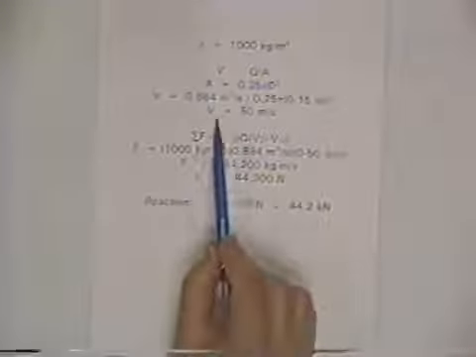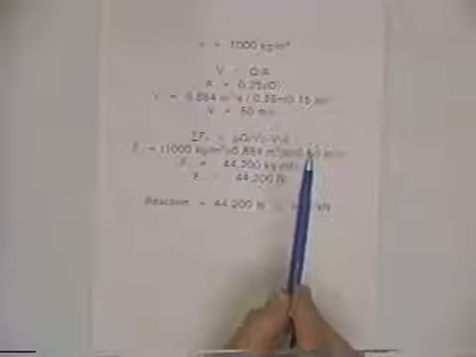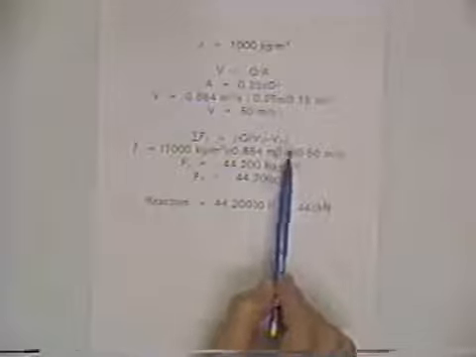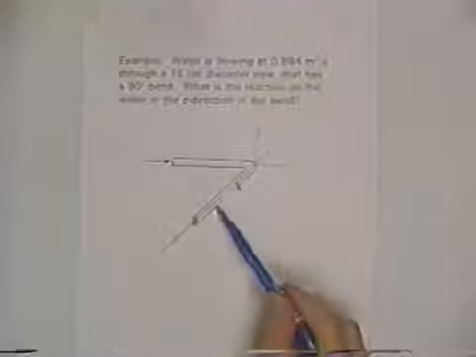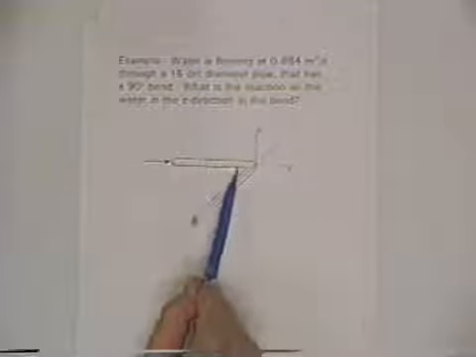Now, we needed the velocity to be able to plug in, and really there's a 90-degree bend, so in the z direction we've got a velocity coming this way, but going into the bend there is no component in the z direction.